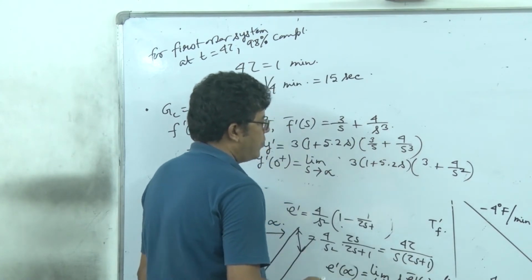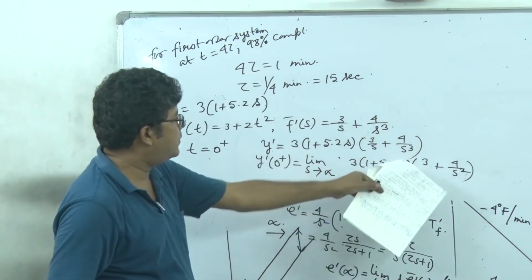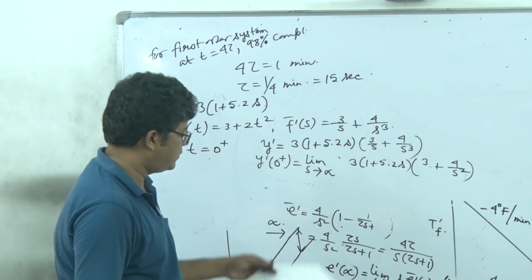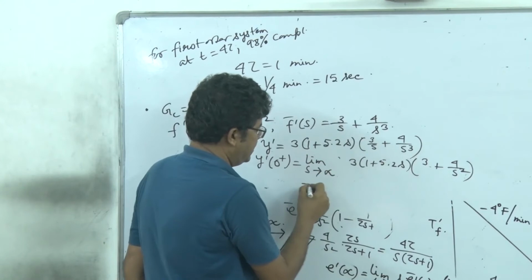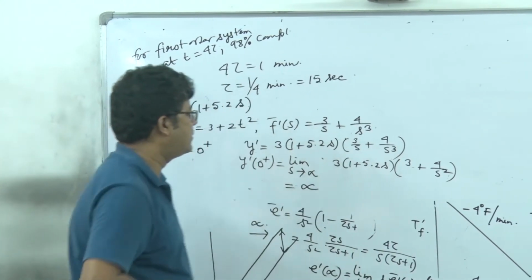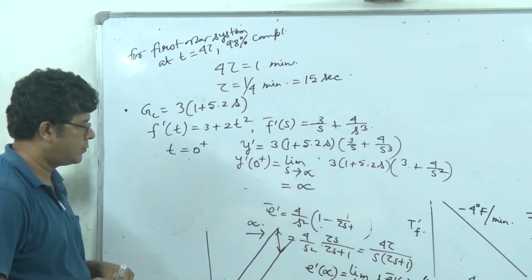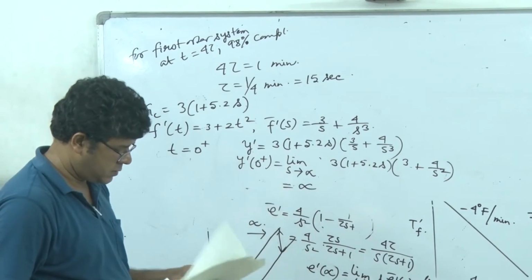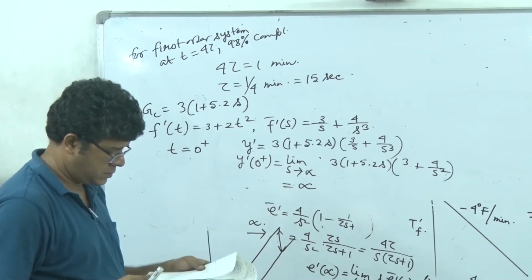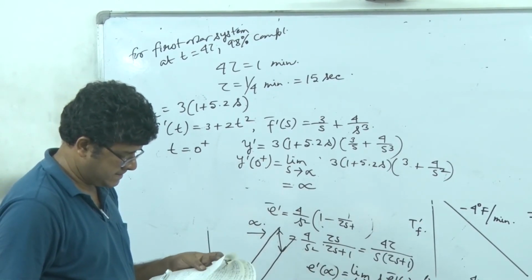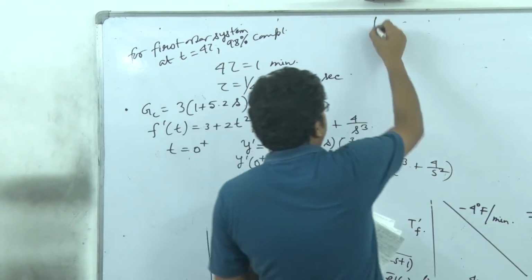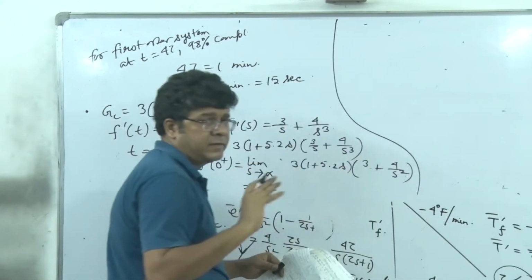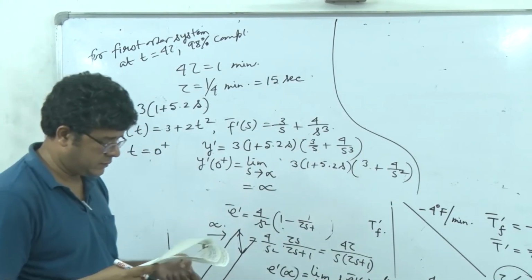So this part will be 0, so this is 3, but because of this s it will go to infinity. So the answer is infinity. Okay. So this is a typical application of these initial and final value theorems.